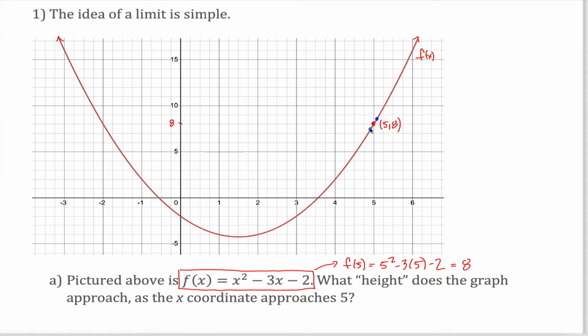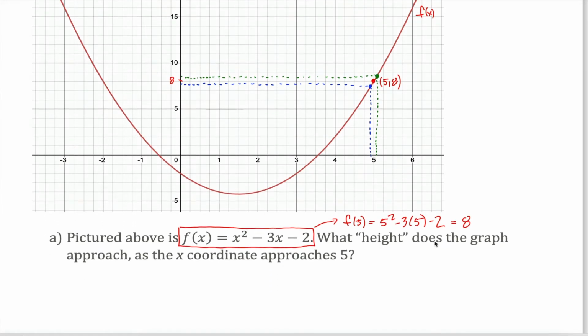What we want to do is consider the y values of these blue dots. When the blue dot has an x value slightly less than 5, the height of the blue dot is some value slightly less than 8. And when the dot, which I'm going to change to green to make it easier to see, has an x value slightly greater than 5, the y value of that green dot is some height slightly greater than 8. So when the x gets really close to 5, the y gets really, really close to 8.